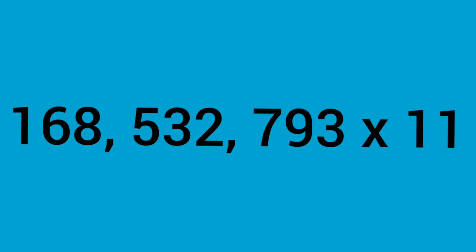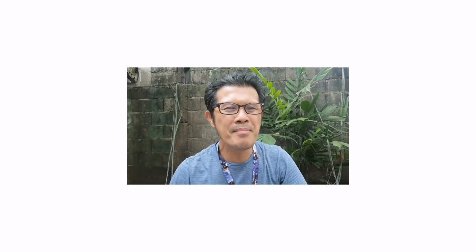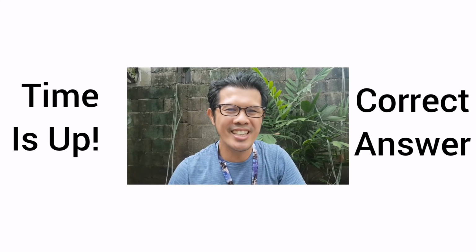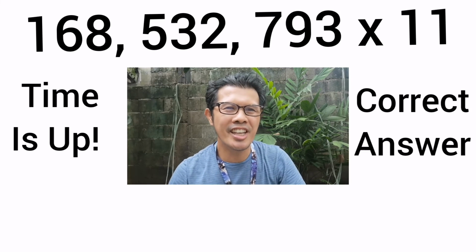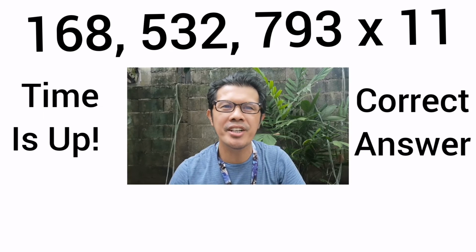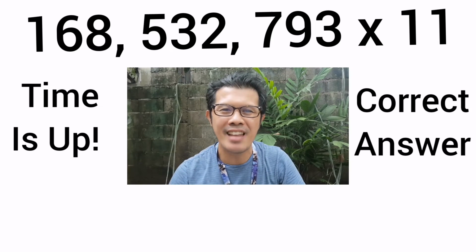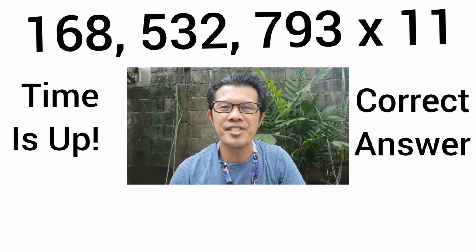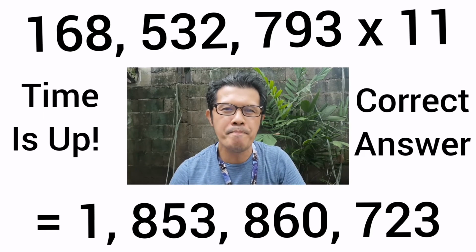Start. Time is up. The correct answer is 168,532,793 times 11 is equal to 1,853,860,723.